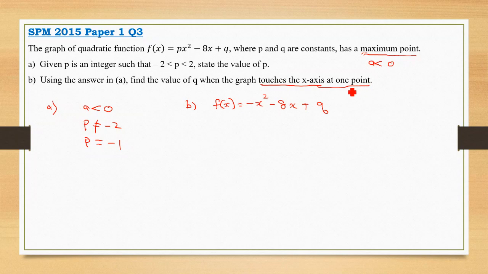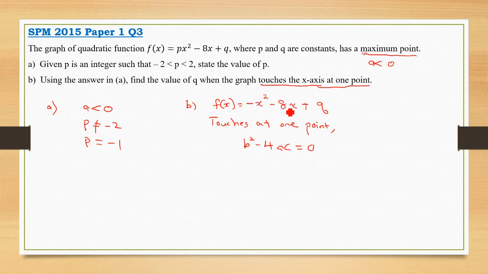This is another way to say, if you look back, touches at one point is the same as saying two equal roots. This is another way a question can be asked, but the meaning is the same, which is b squared minus 4ac equals 0. Refer back to the slide I've given you with all the words that might be used for different types of roots.